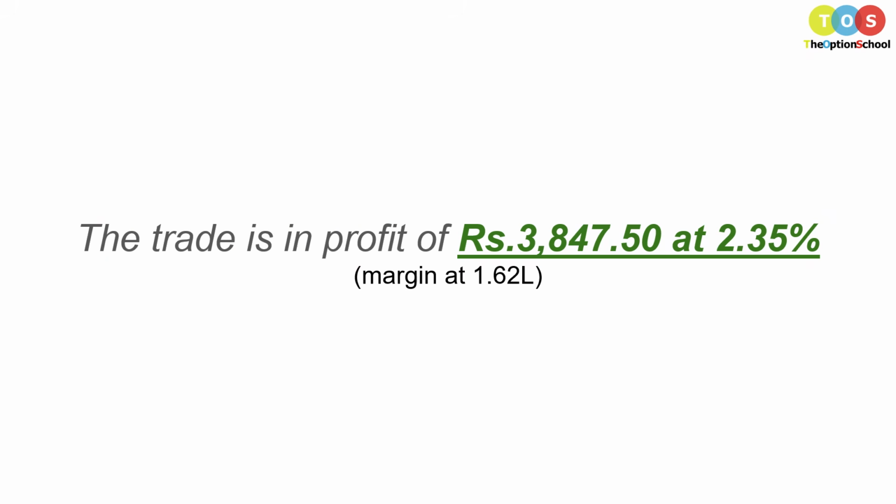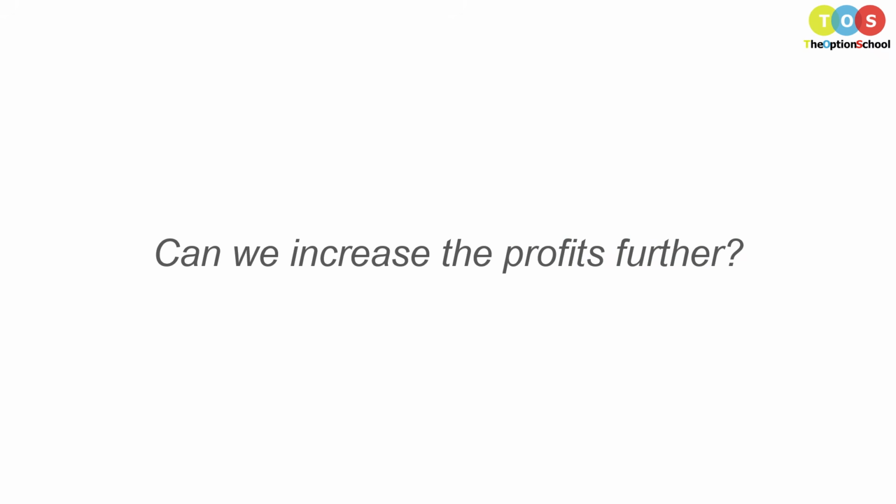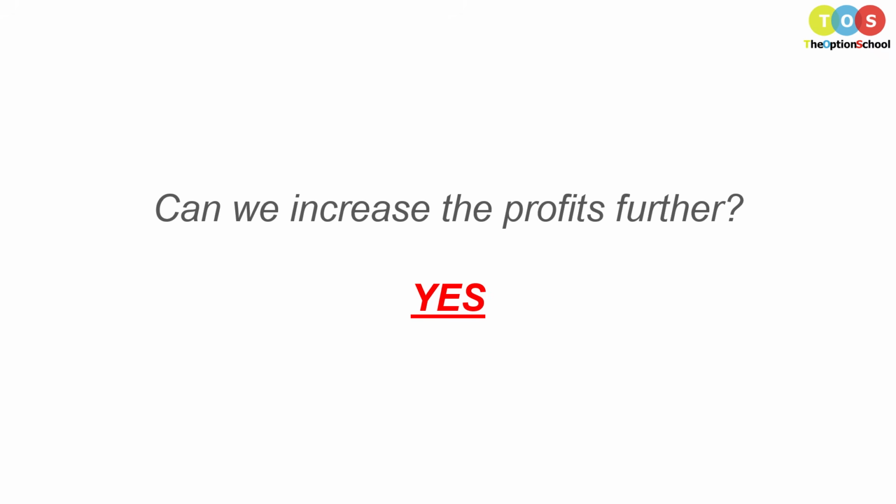Initial payoff diagram showed that in case there is a down move in the market, we will get only 135 rupees as a profit, but adjustments gave us 3,847 rupees, which is 2.37% on the deployed margin. Can the profit percentage be further increased? Obviously, yes, if we use a small margin trick, which I have explained in my earlier video also.